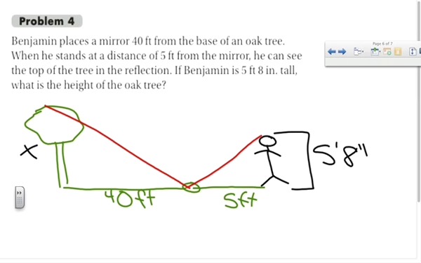And since Benjamin is standing on the ground and he is therefore perpendicular to the ground, similarly, the tree is perpendicular to the ground. We see that Benjamin's triangle is similar to the tree's triangle. Yes, sir? So because it's a mirror, the angle is congruent. Yes.